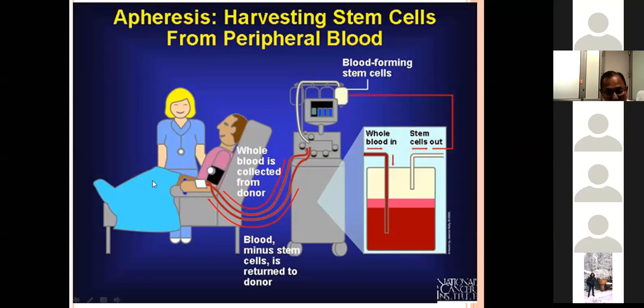No GA is required. No admission is required, and equally good stem cells as bone marrow, or in many conditions a better source, more stem cells, better quality stem cells are collected from the blood, and the rest of the blood is returned to the donor. So this is peripheral blood stem cell collection.